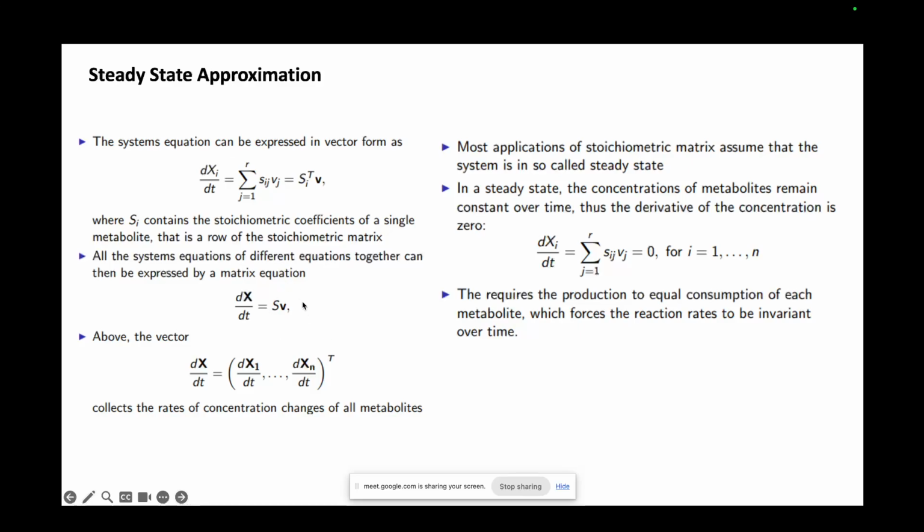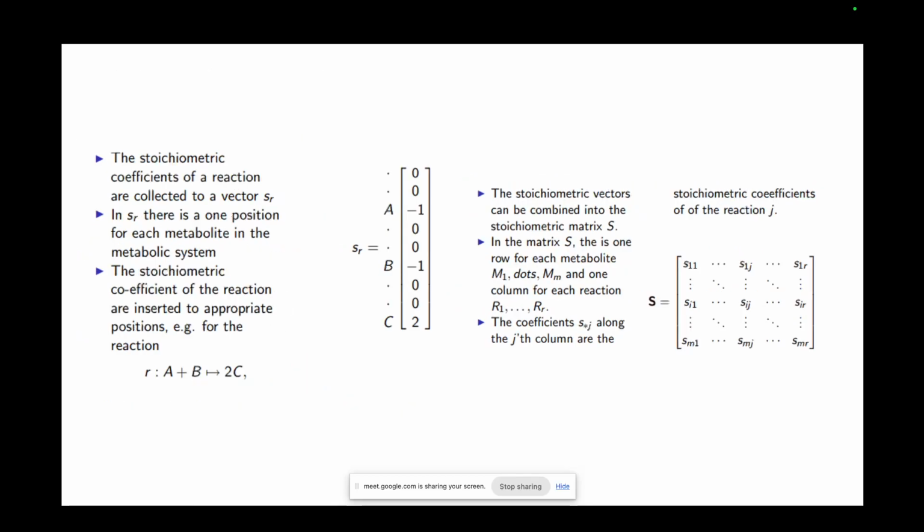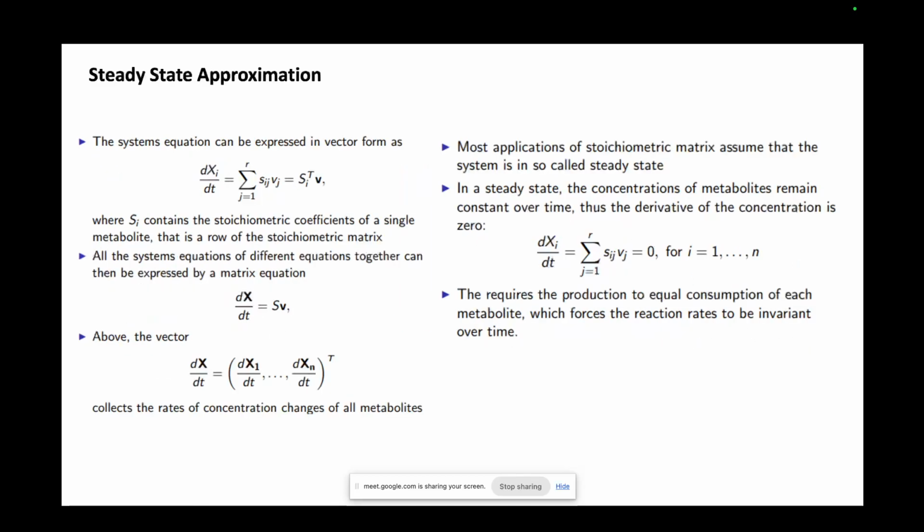S is your reaction vector and v is your velocity vector. As a product of those, that can be equated to the rate of change of concentration of a metabolite. You multiply both of them, and that is what is given by dx/dt.